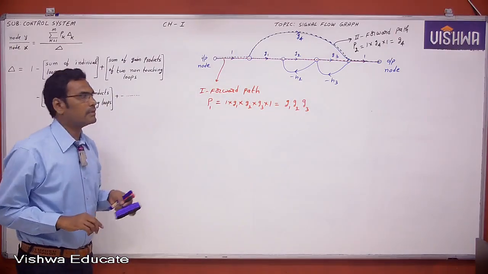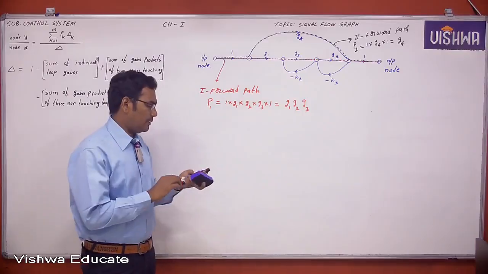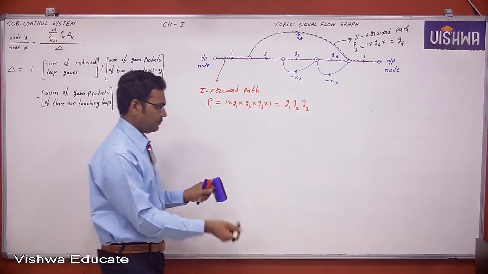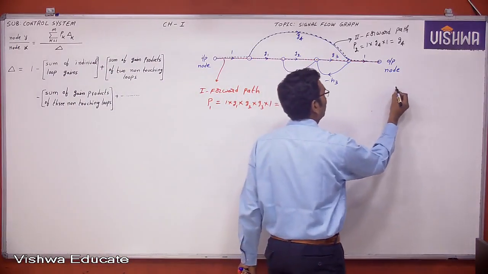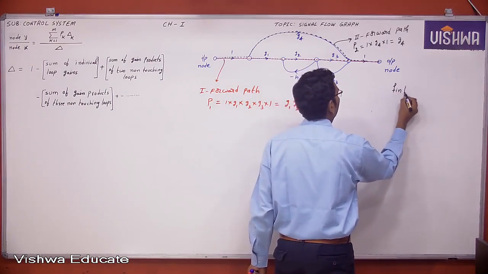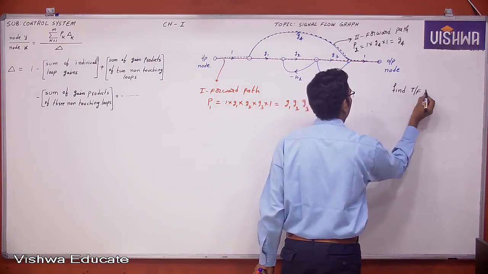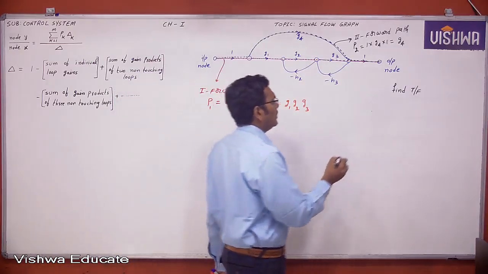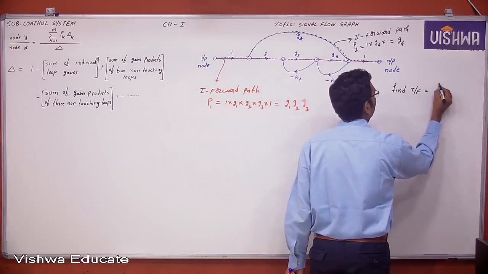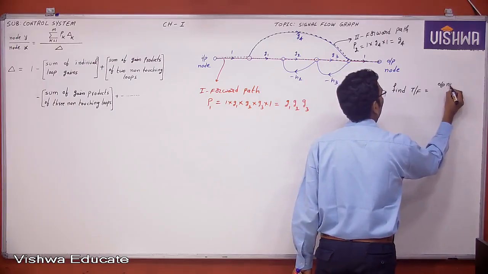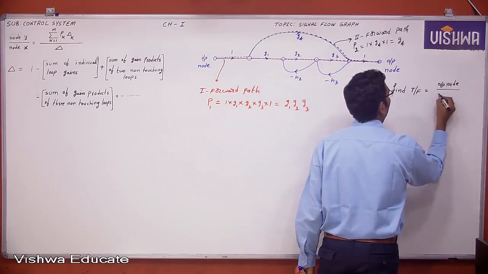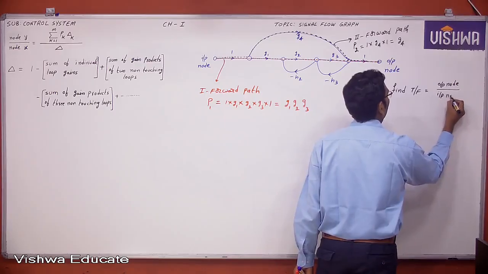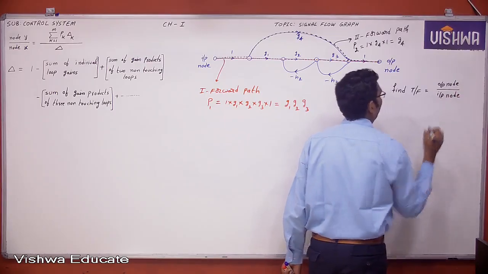Now we'll take the same signal flow graph and one question. This is the signal flow graph. Find the transfer function. What is the transfer function? It is nothing but the output node to input node ratio, the last node to first node ratio.